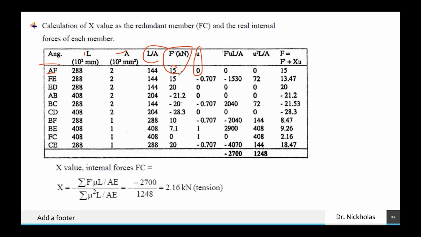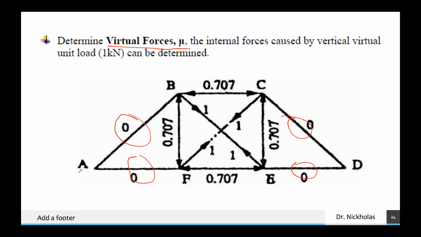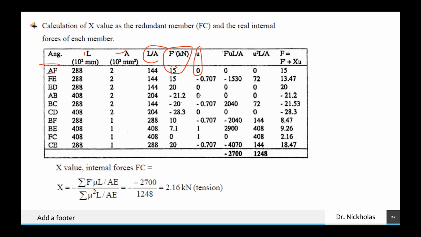So this is AF for the virtual force, and the other one for AF is 15. The sign is positive because the member experiences tension here.